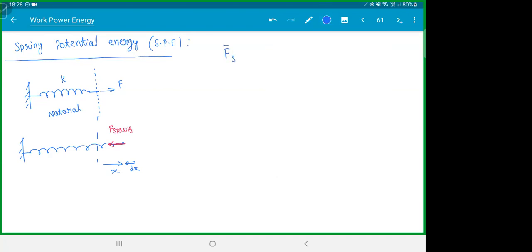So force due to spring is minus kx bar. So work done by spring force. Now listen carefully, this is important. You will see a question where it can pop up. F dx, which is minus kx dx. So the limits will go from 0 to x. This will be minus half kx square.